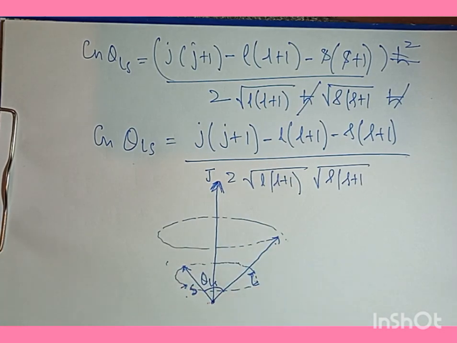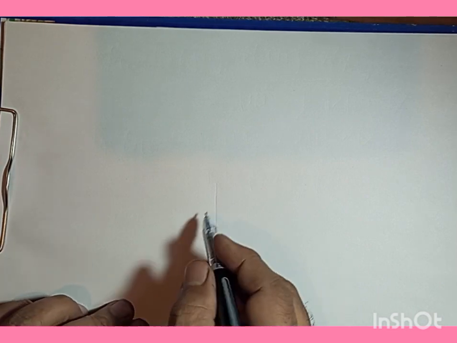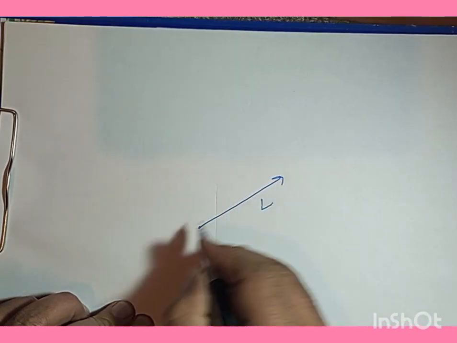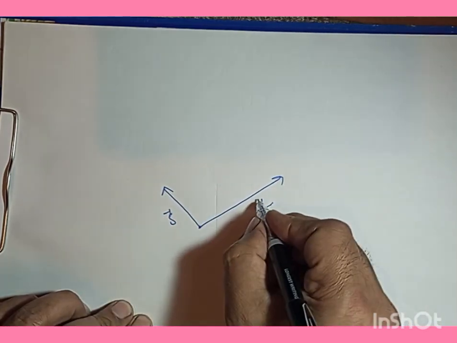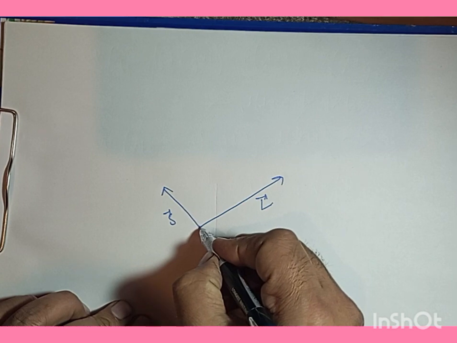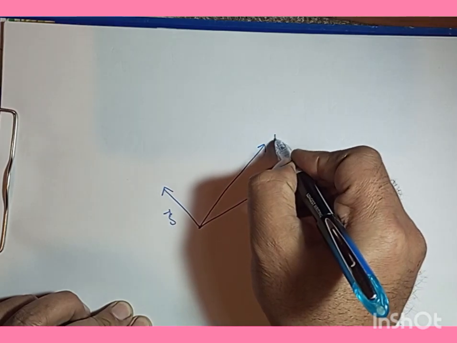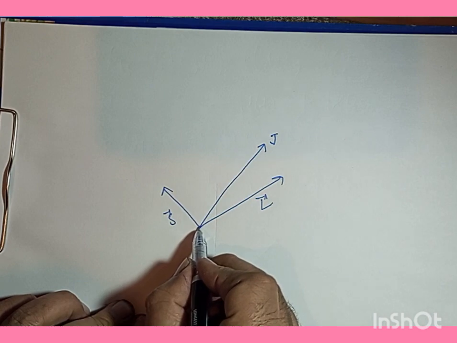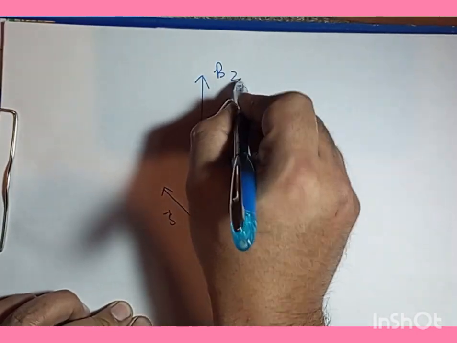Now, what is the situation in the presence of a magnetic field, applied along a direction? If I assume this is my L, and this is my S, and they have a resultant, and that resultant is J, we are assuming the magnetic field in the direction of Z. So this is BZ.